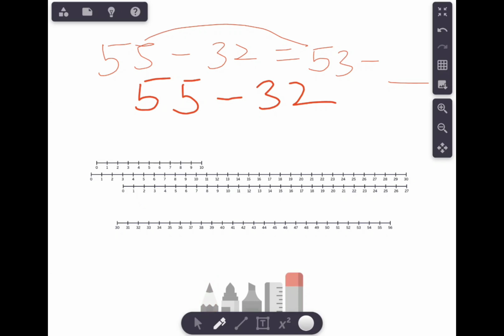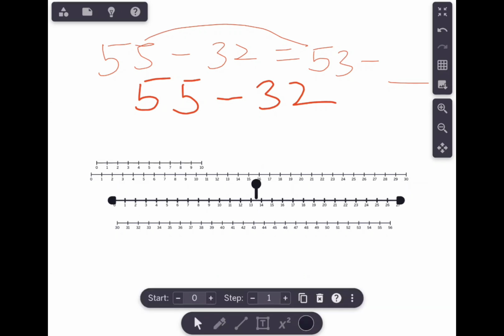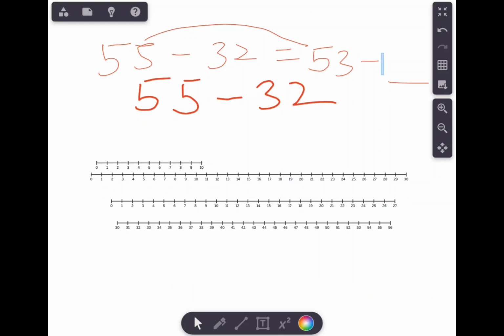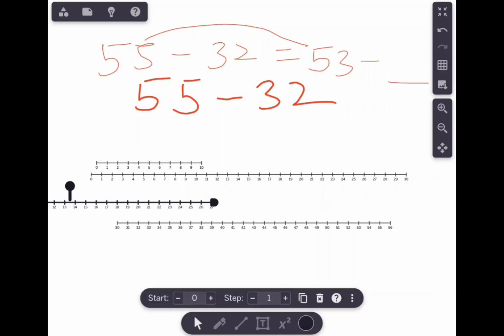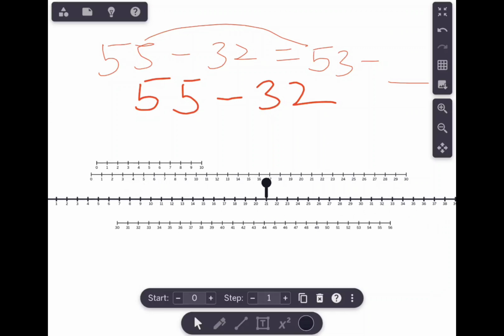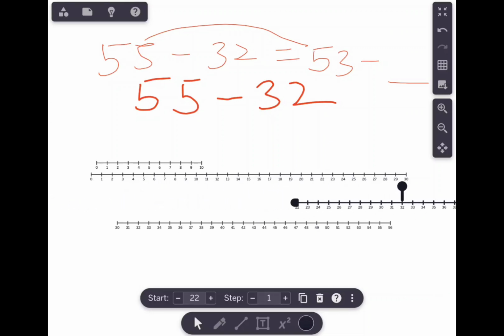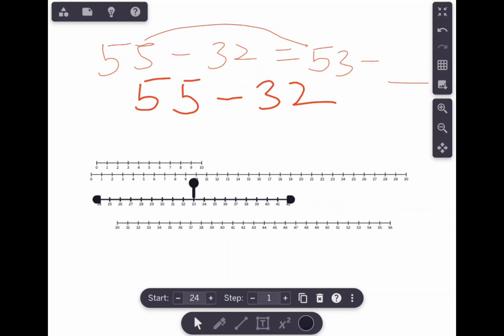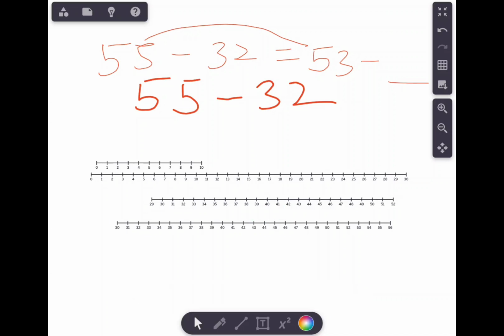one second, let me adjust the other number line as well. So I need to start at 53. Let me stretch it. So this is how I stretch.